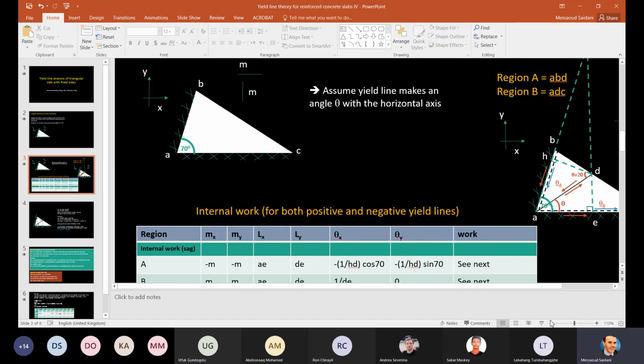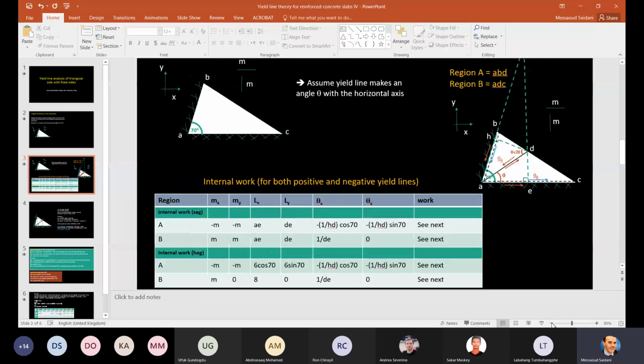If we start with the internal work, what I've done is put it in one table. The top half is for the internal work for the sagging, which is this. And then the bottom here is for the hogging moments.